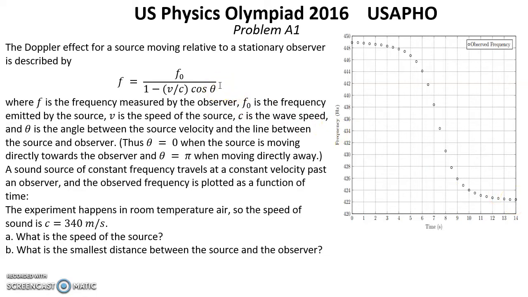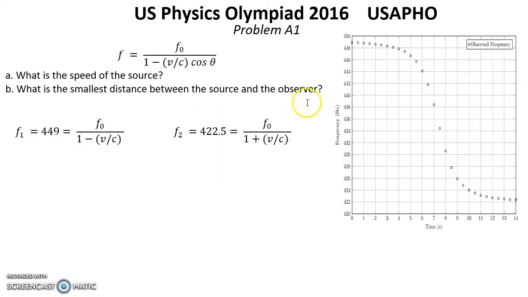So we can write two equations. For these two asymptotes we have f1 equal 449 Hz and f2 equal 422.5 Hz. So now we can divide the first expression by the second expression and find what v over c is.